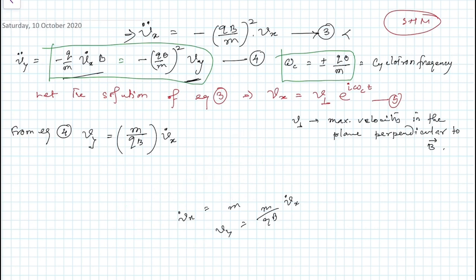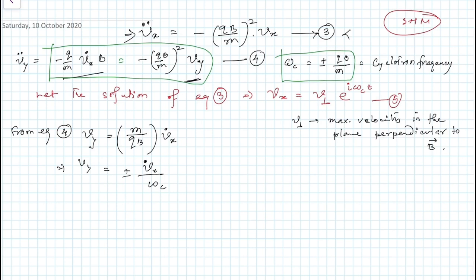That's why we can write Vy is equal to Vx dot by omega c, here plus minus. Okay, this is one thing.